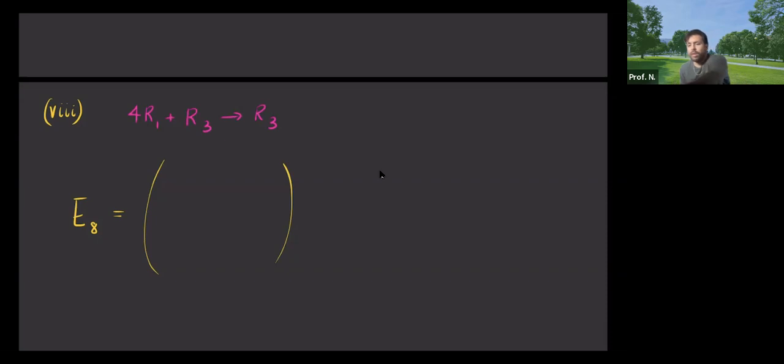Anybody can give us a clue? Anybody have an idea? Come on, guys. Where you guys at? This is elementary matrices.